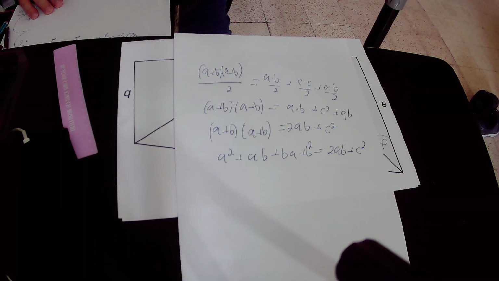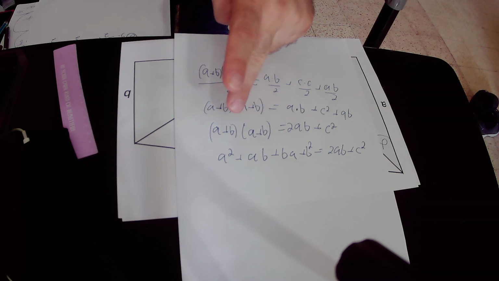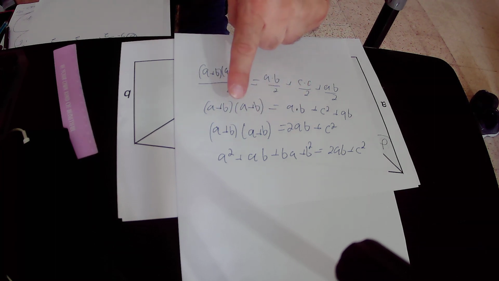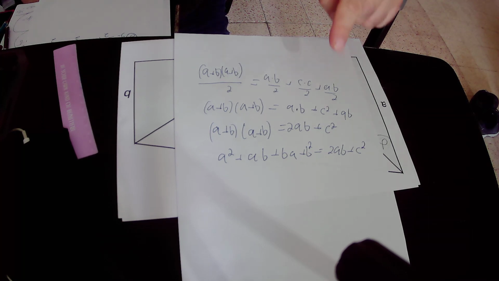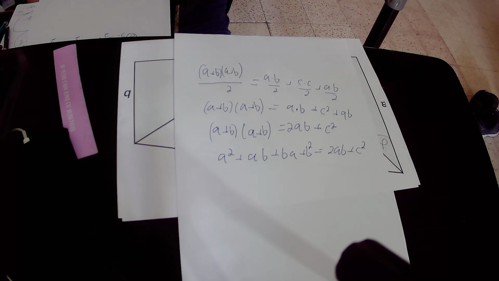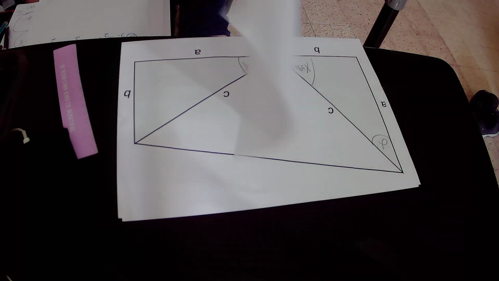As you can see, here we opened the brackets in the left side of the equation. A times a is a squared, a times b is ab, and b times a is ba, equals 2ab plus c squared. Now ab plus ba is 2ab.